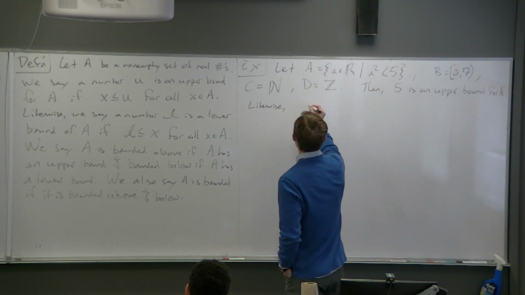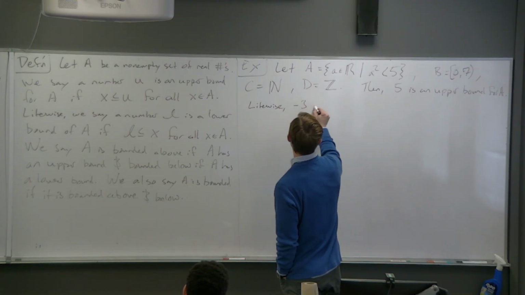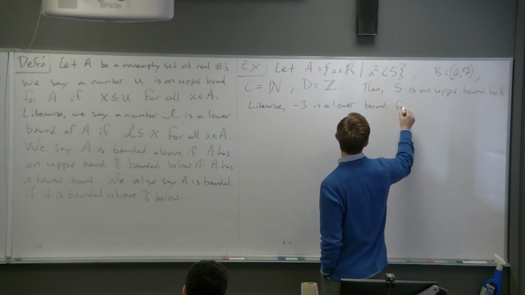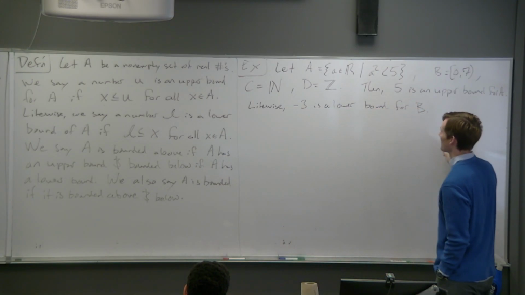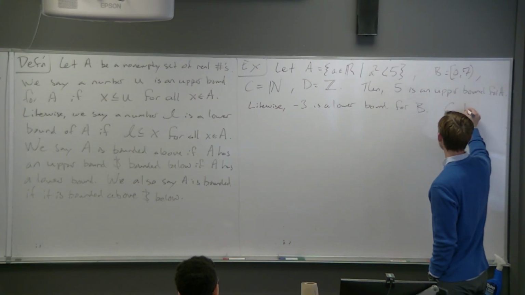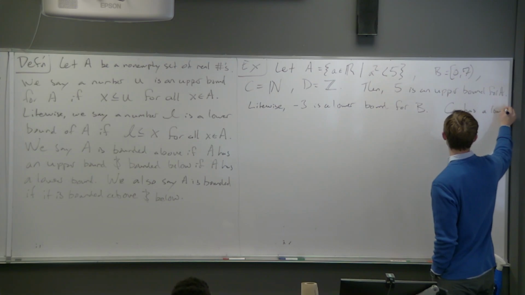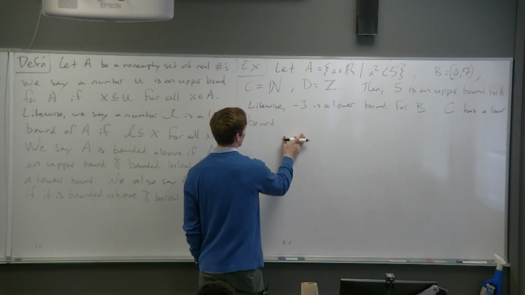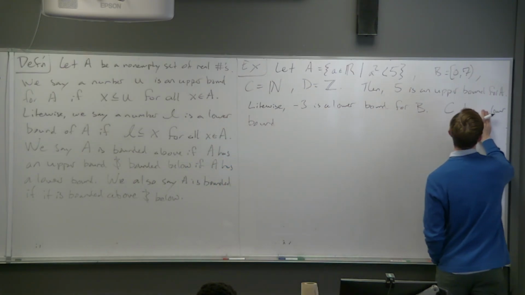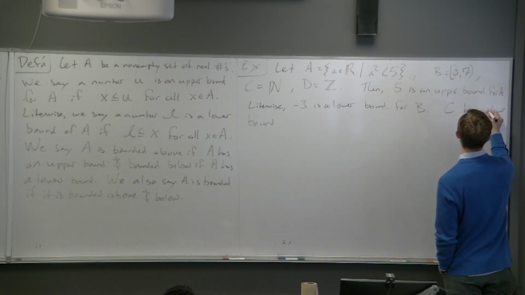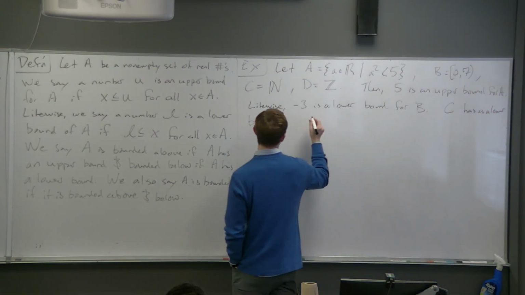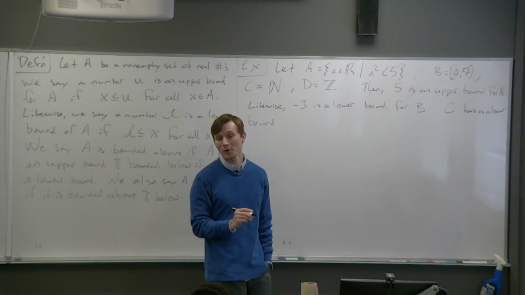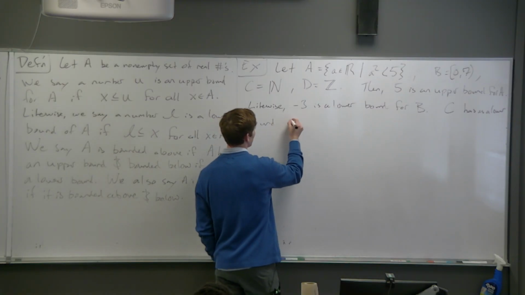Totally. Likewise, let's say, how about -3 is a lower bound for B. C has a lower bound, or rather, instead of saying has a lower bound, has as a lower bound. What's a lower bound for C? 0.9, yeah, okay, sure.